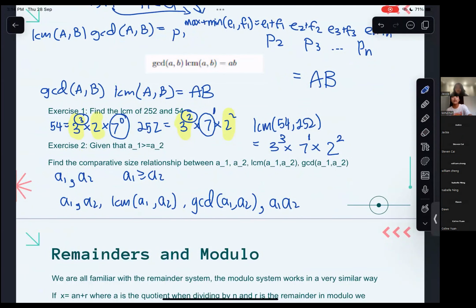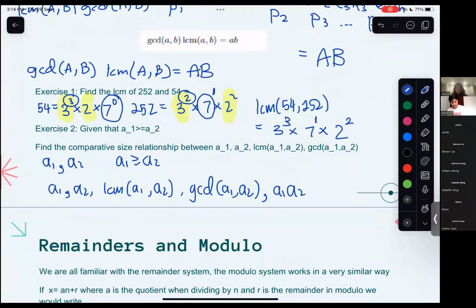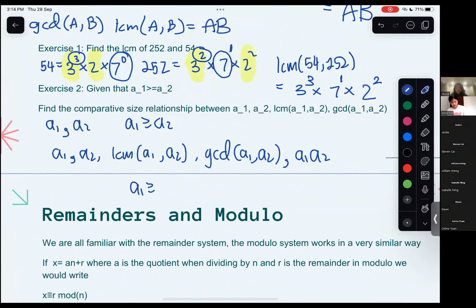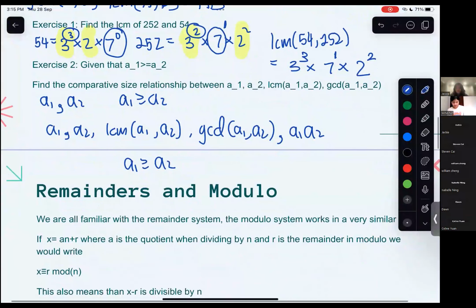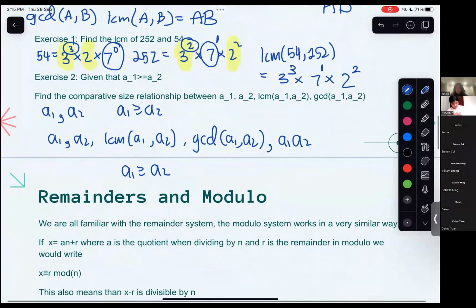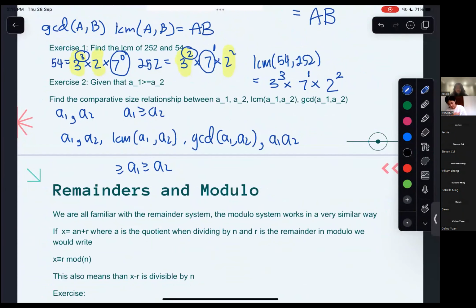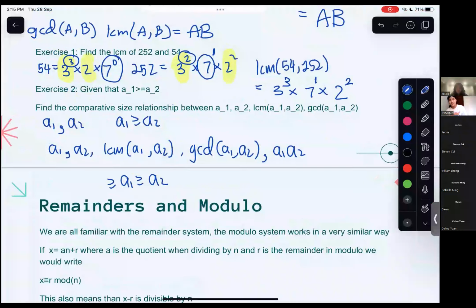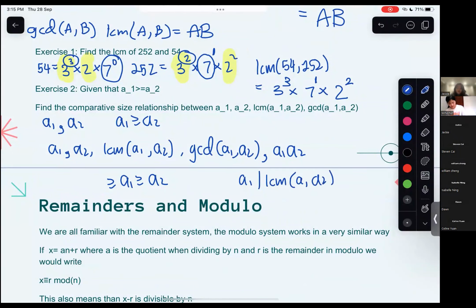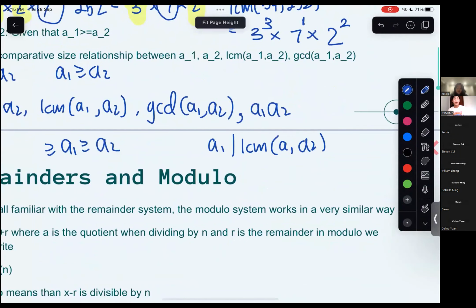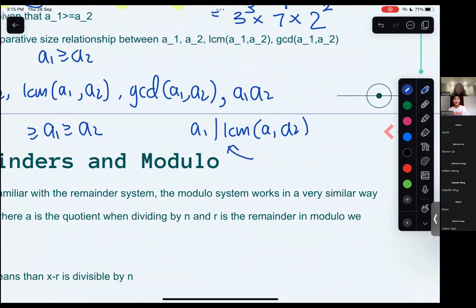Yeah, okay, so I've seen some good ideas, and I think everyone gets the thinking behind it. So we already know A1 is greater than or equal to A2, right? And then we know that A1 has to divide the lowest common multiple. This divide sign just means that A1 divides into the LCM of A1 and A2, right?